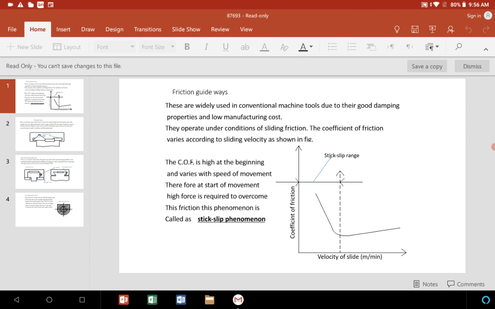Therefore that name is given: at the moment of starting there is high friction, and afterwards the movement starts as the speed goes on increasing. In the graph it can be observed: starting it will be high, afterwards it goes on decreasing. On one axis the coefficient of friction is considered, and on the other axis the velocity of the slide.